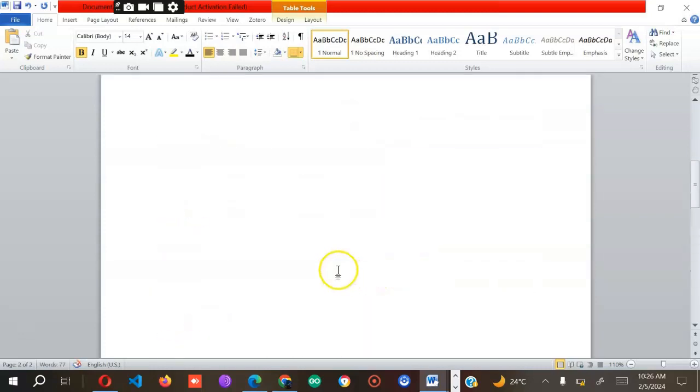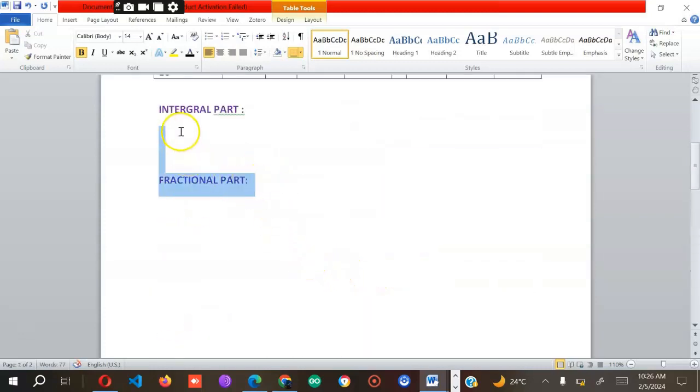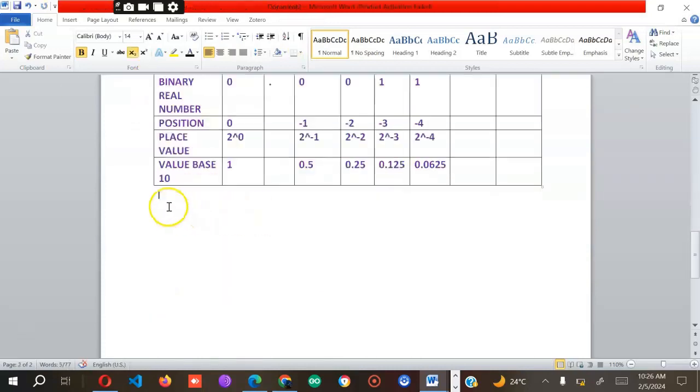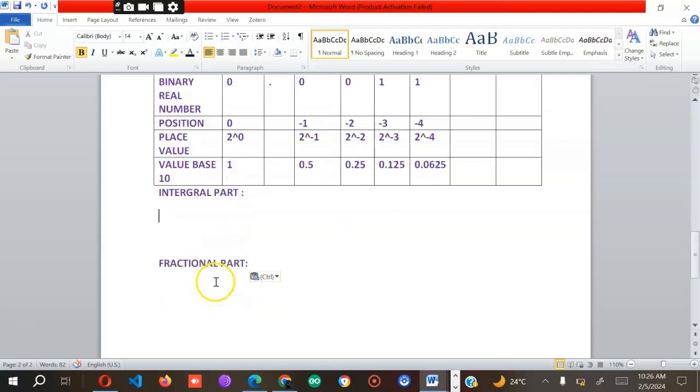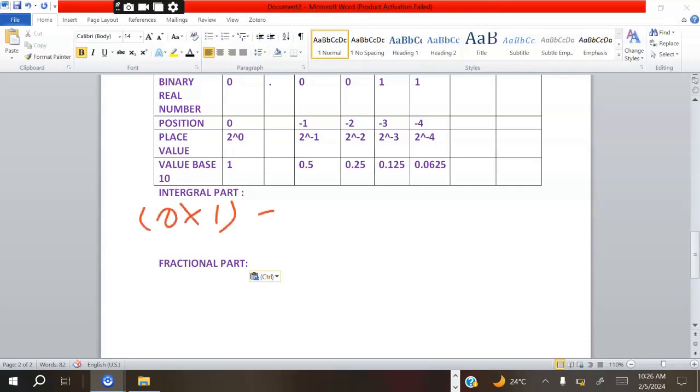Okay, having done that, the next step is to pick the integral. So the integral part is the real number multiplied by the value base 10. So for the first scenario, we have 0 multiplying by 1, which is going to give us 0.